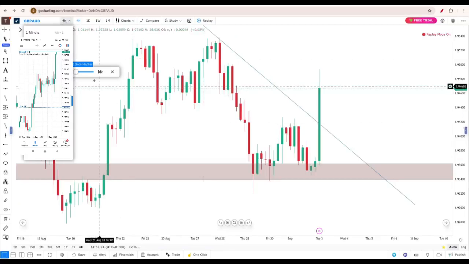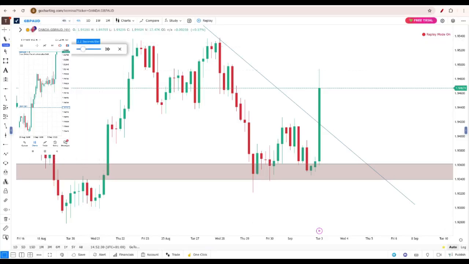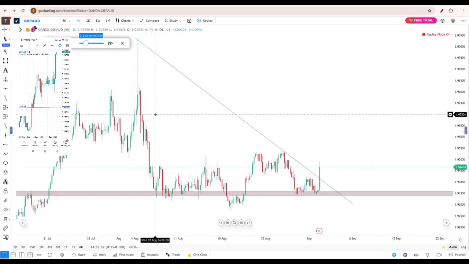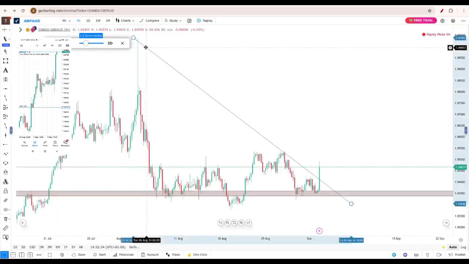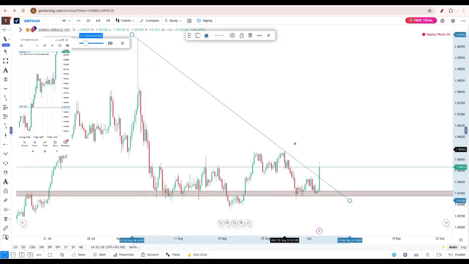Okay, so guys, it has happened. So this is the counter trend line I drew from, you can see here, this is the counter trend line.